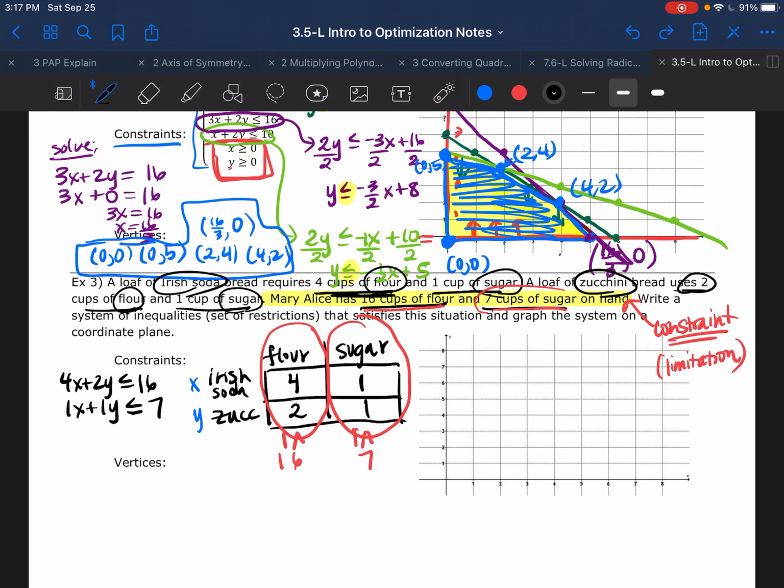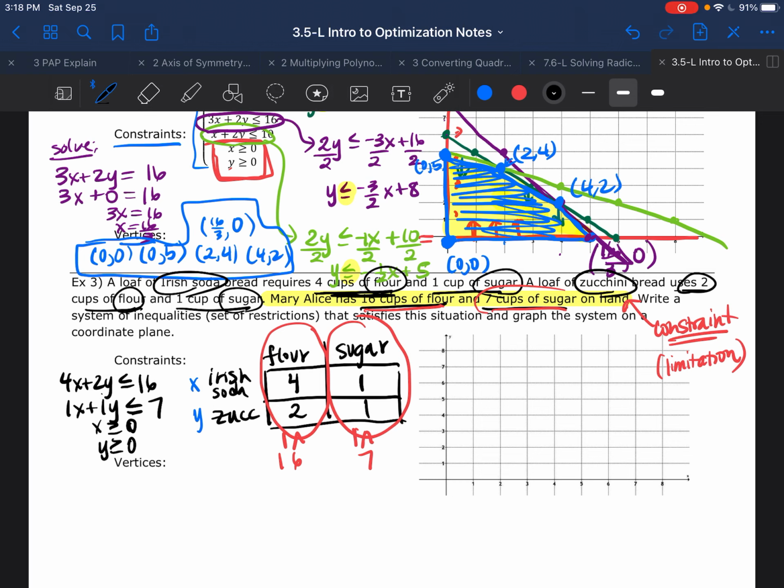So 4 cups of flour per Irish soda bread, sorry, plus 2 cups per zucchini bread. We have to keep it less than or equal to 16, and 1x plus 1y has to be less than or equal to 7. The other constraints you have is if x and y are representing types of bread, automatically they have to be greater than or equal to 0.